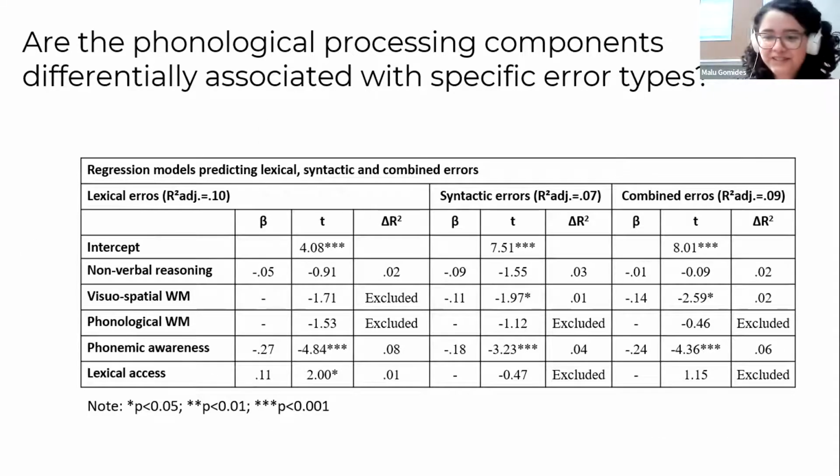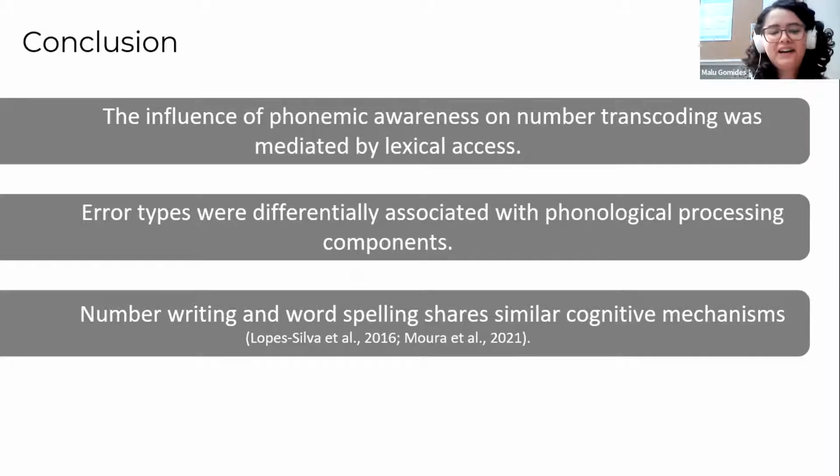Just the regression models. So, in conclusion, we found that lexical access is a significant predictor of number transcoding, and that, in fact, lexical access mediates the contribution of phonemic awareness to number transcoding. This finding highlights that general cognitive mechanisms might also be important to number transcoding.